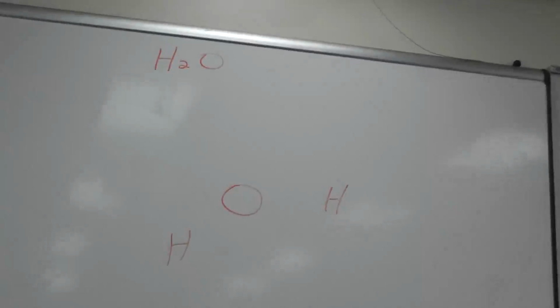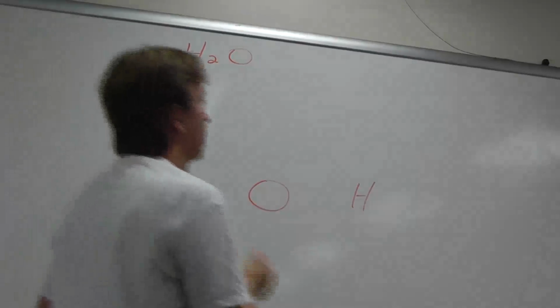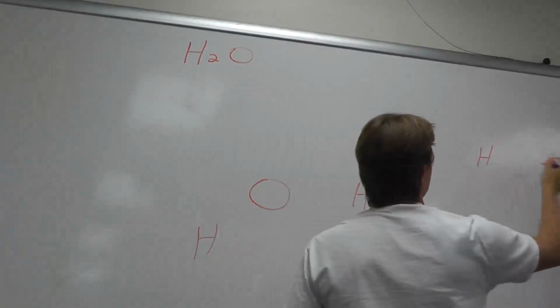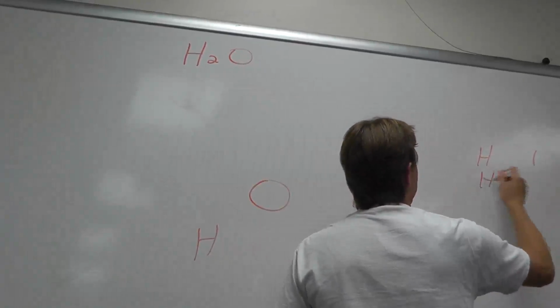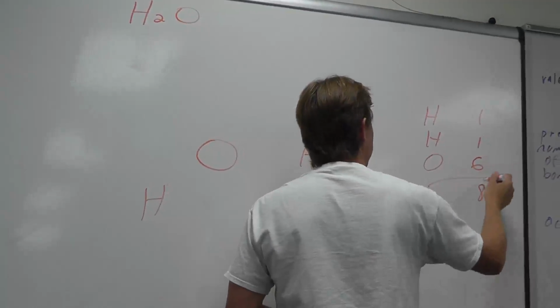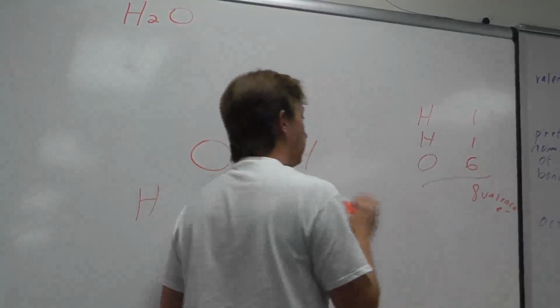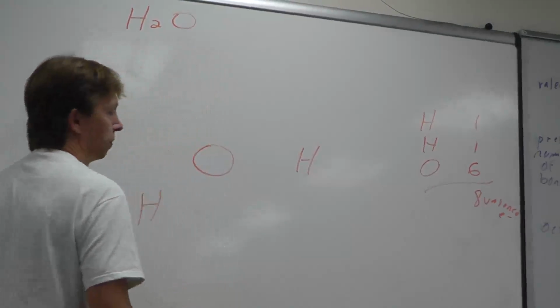Rule number 2, count up the valence electrons. How many does hydrogen contribute? 1. Oxygen, 6. So total, that's 8 valence electrons that we have to account for in the structure.